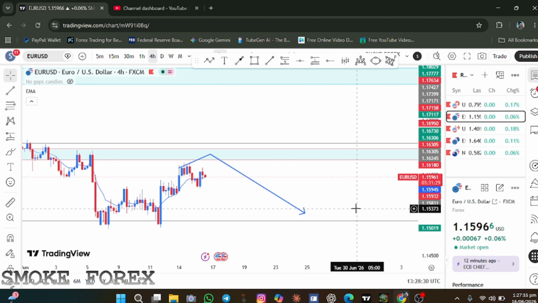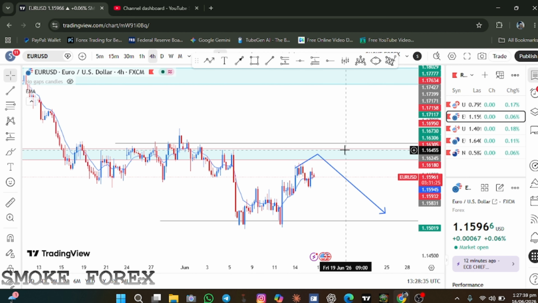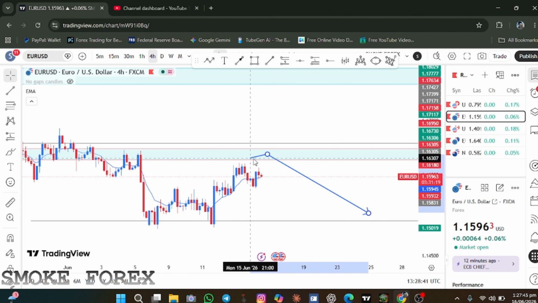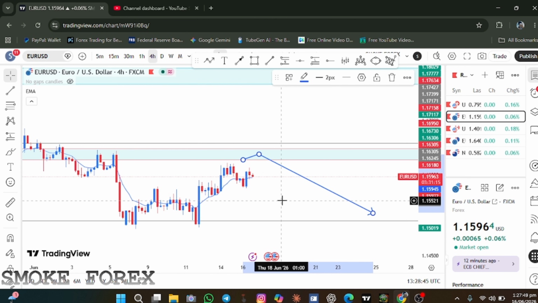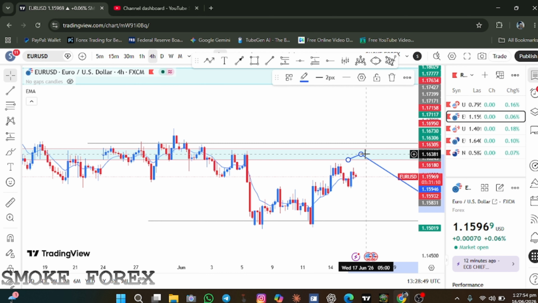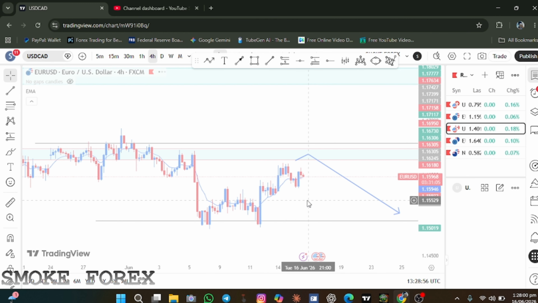We can see clearly we do want price to retest this area of interest on Euro USD, but price hasn't retested the area. You can see price is trying to sell, but I think price might go to this area of interest, given the rejection candlestick, and sell.